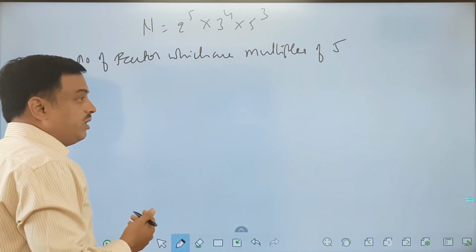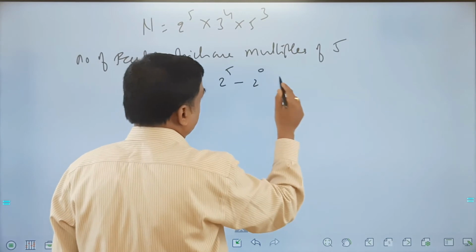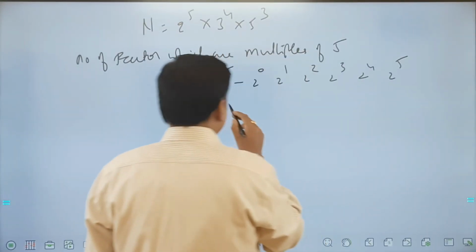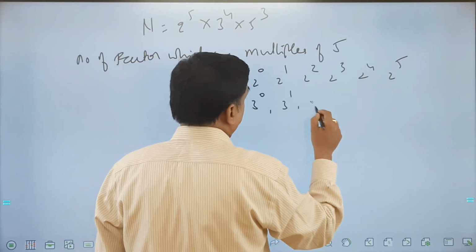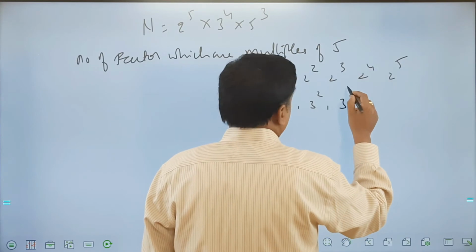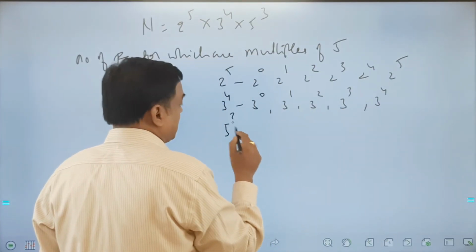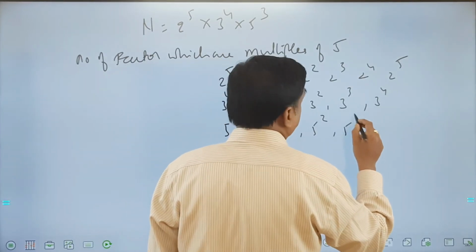Now if you remember what we said here, 2 power 5 can be written as 2 power 0, 2 power 1, 2 power 2, 2 power 3, 2 power 4, 2 power 5. 3 power 4 can be written as 3 power 0, 3 power 1, 3 power 2, 3 power 3 and 3 power 4. And 5 power 3 can be written as 5 power 0, 5 power 1, 5 power 2 and 5 power 3.